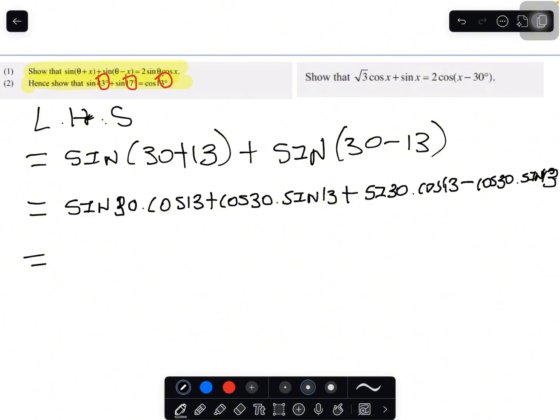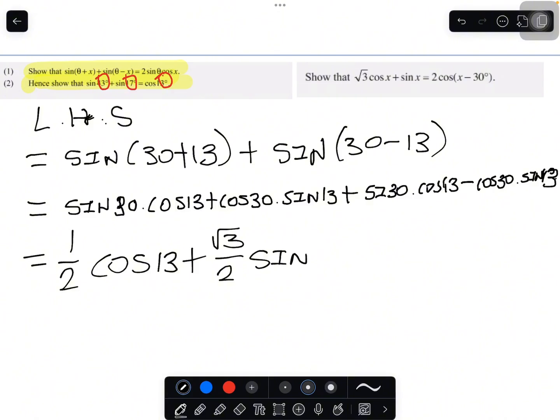So I'm going to have half cos 13, cos 30 is root 3 over 2, plus root 3 over 2 sine 13, plus sine 30 we know is a half cos 13, minus root 3 over 2 sine 13.